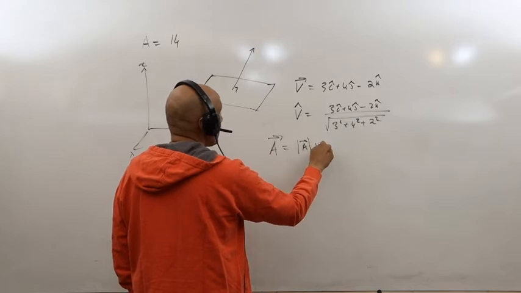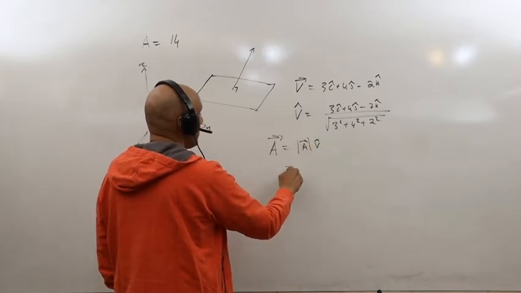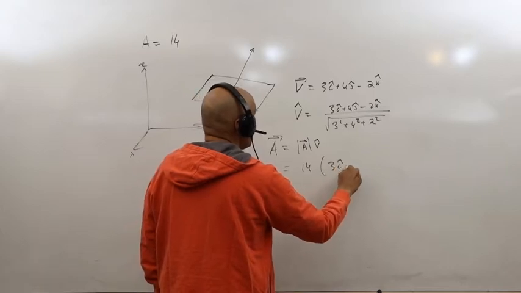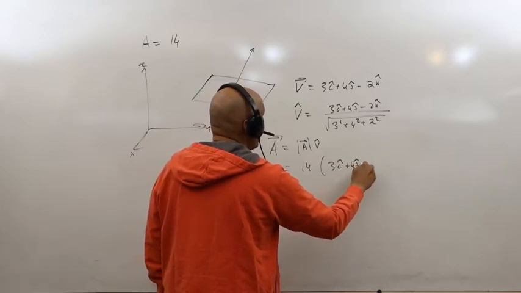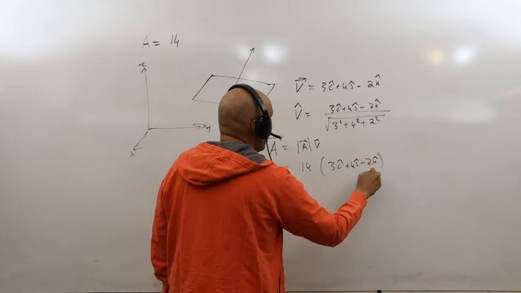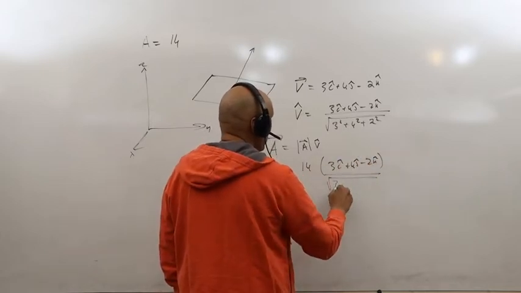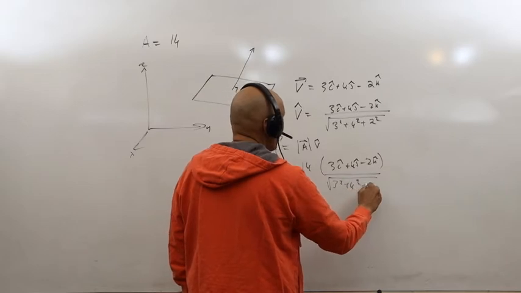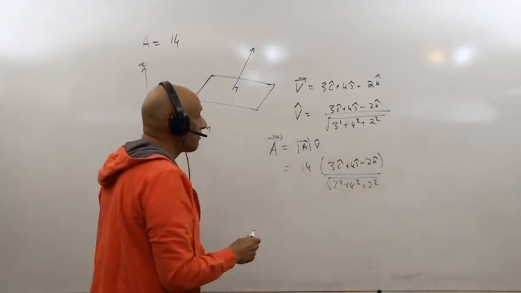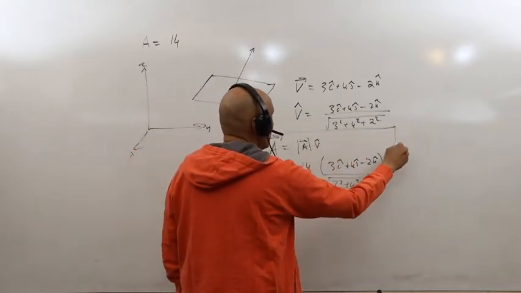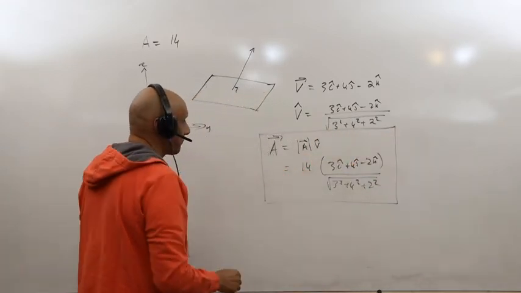That gives you, in this case, 14 times 3i plus 4j minus 2k, divided by the magnitude, square root of 3 squared plus 4 squared plus 2 squared. So this is the vector area.